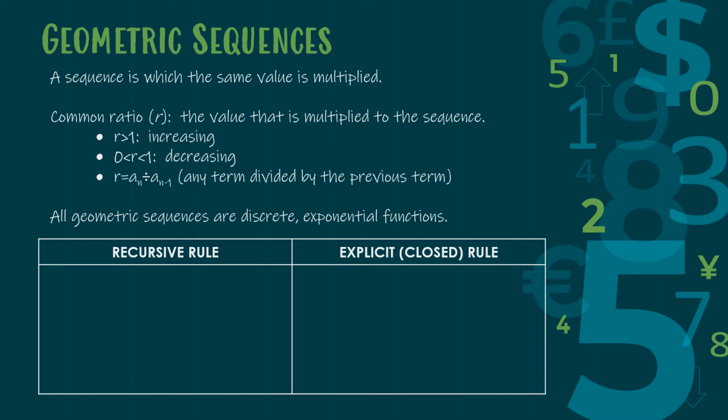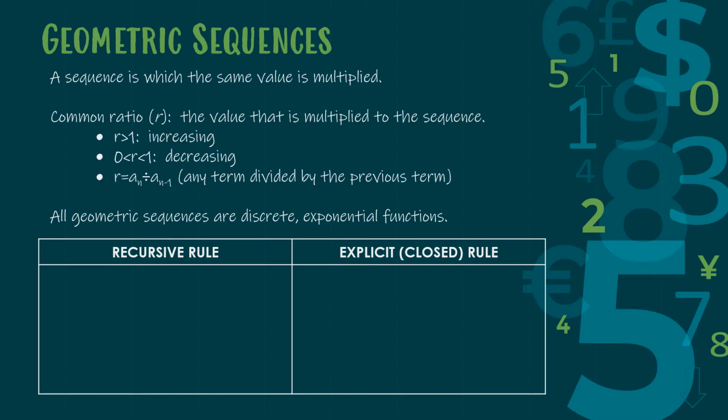If you can look at your sequence, you may be able to easily see what you're multiplying by, but if you can't, you can use the rule where you take any term and divide it by the previous term to find your common ratio. All geometric sequences are going to be discrete, like all sequences, but they are also exponential functions because you have a common ratio, which is like your base.